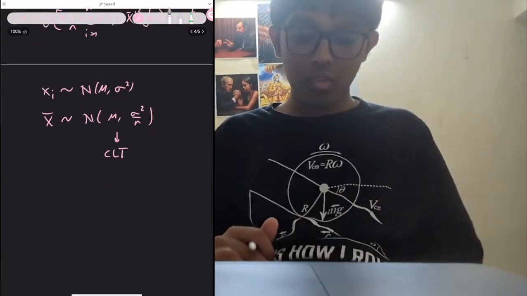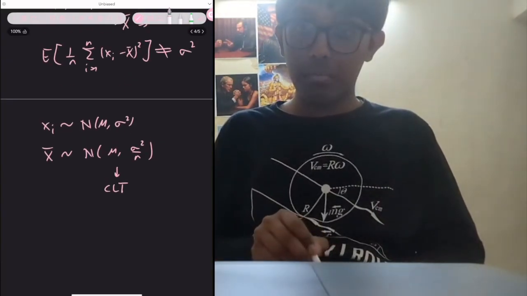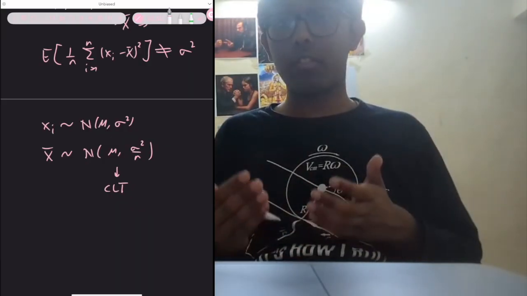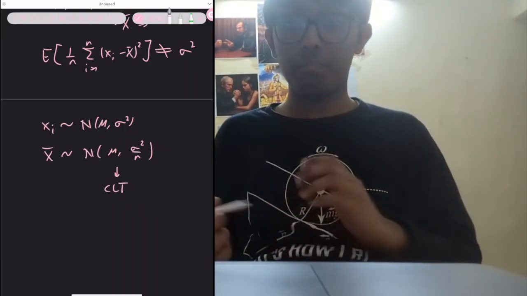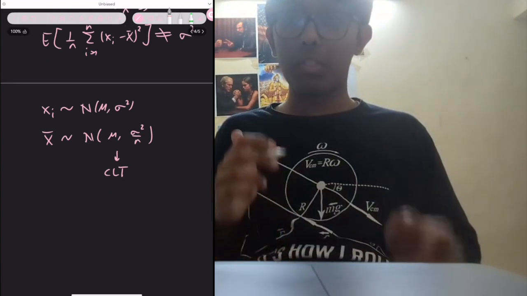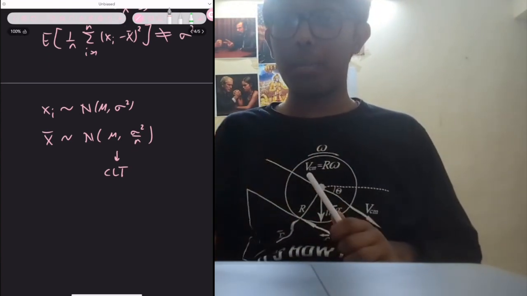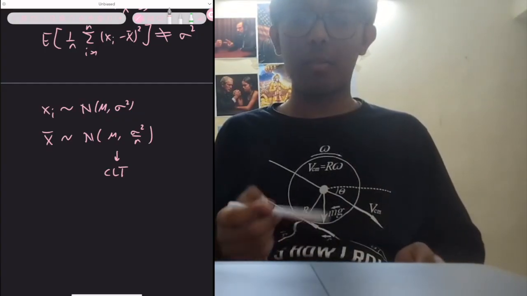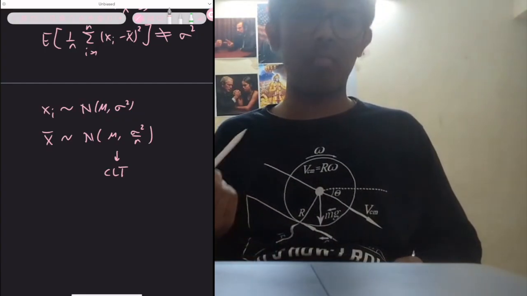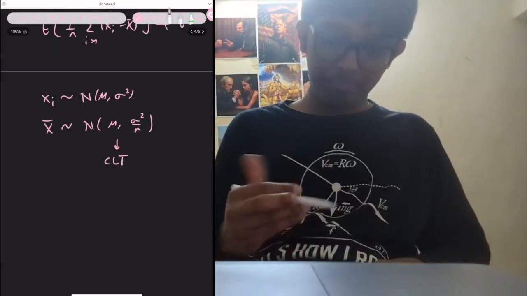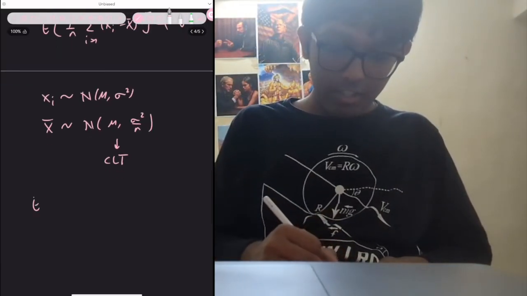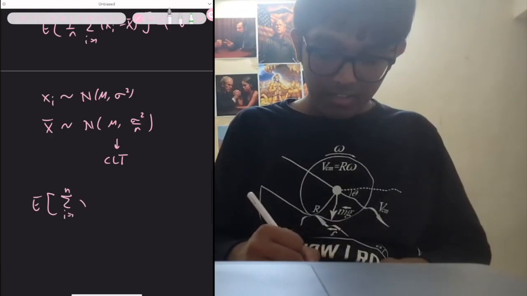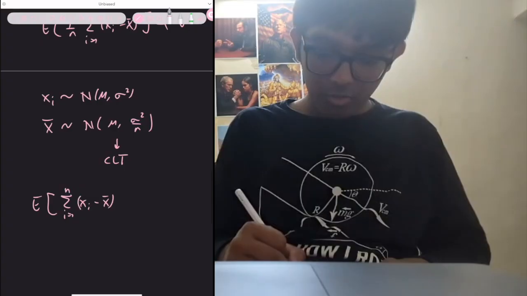Okay, so now we have a distribution for x bar, which is a random variable, unlike mu, which is a constant, a scalar quantity. So now the same definition need not apply. Let's see what this expectation actually is, whether it's equal to sigma square or something else. Let's look at the expectation of summation i equal to 1 to n of xi minus x bar whole square.